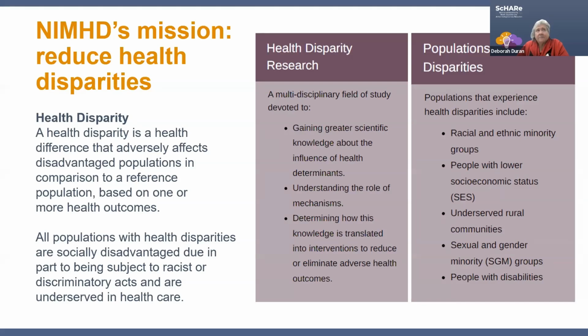This is also not something that we have freedom to just do. So this is done by Congress, and has defined the health disparity populations as racial and ethnic groups, people with lower socioeconomic status, underserved rural communities, sexual and gender minorities, that includes all the LGBTQ, and I apologize that I don't get all the letters right, and people with disabilities.